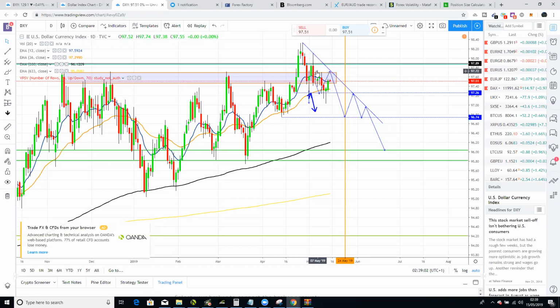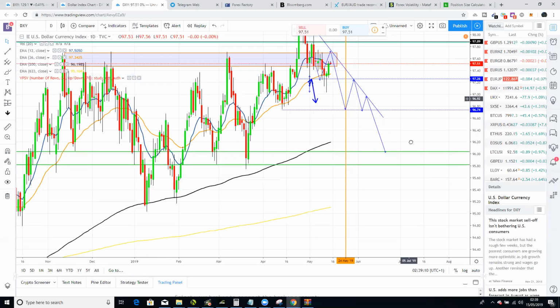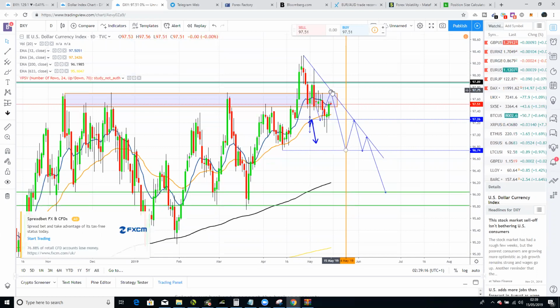We're looking at a few resistances ahead of us, and we cannot ignore them because we've got this first eye, second eye, and then this will be the third eye getting closer to the trend line. So we want to watch for how the dollar is going to react around this trend line.